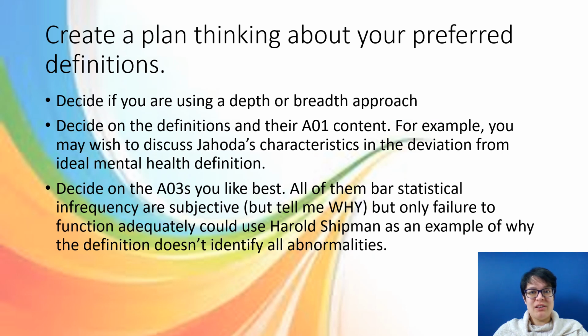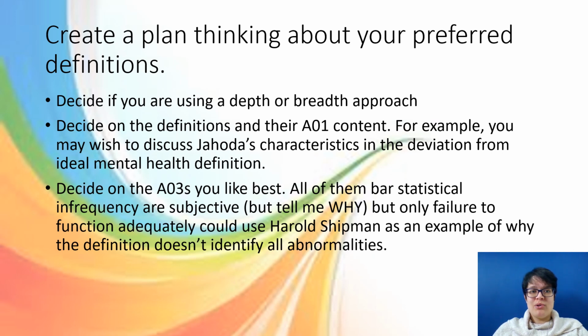So Jahoda's characteristics, from the deviation from ideal mental health, you could talk about those and that would expand your AO1 really nicely. And also the AO3s you want to use. For example, you could talk about them being subjective. All of them apart from statistical infrequency are considered to be subjective, but you have to tell me why. You can't just say it's subjective. Why is it subjective? Tell me.